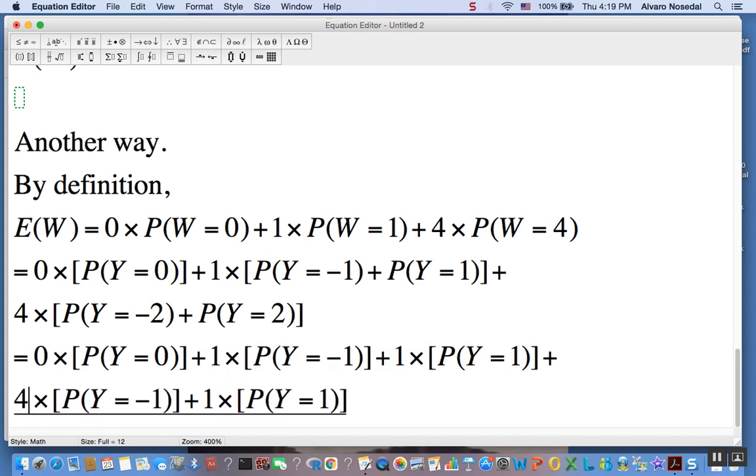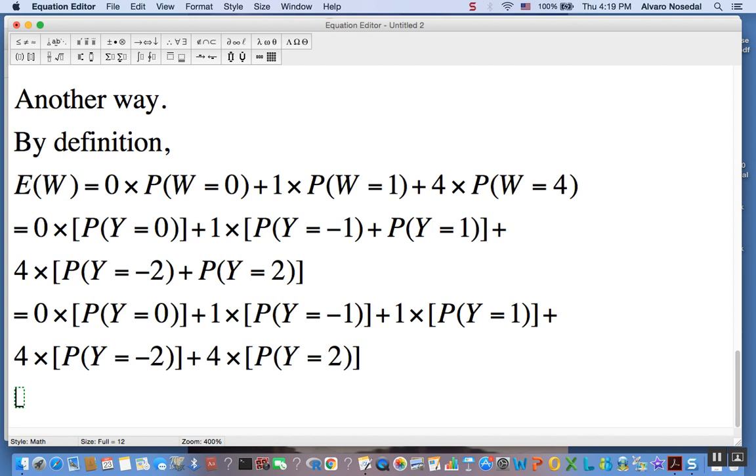So we have 4, and then we have -2, and 4 and +2. That would be 4 times the probability that y equals -2 plus 4 times the probability that y equals +2.